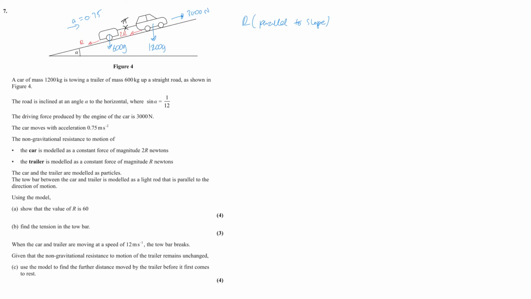Now, if I split this up, just redraw it for the sake of this. So I've got one here, normal reaction, 3000 newtons, 3r, and that's going to be 1800 G. Now that's my alpha there.